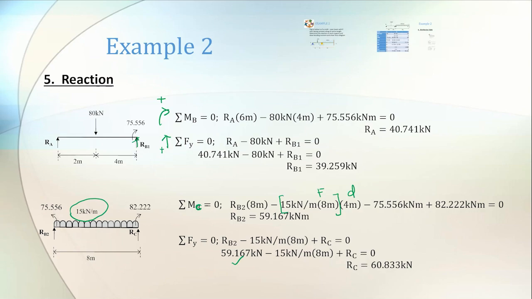You don't need to multiply by 4 meter anymore because this is force equation, not moment equation. If you want to make it moment, you have to multiply by distance. But this is force, so you just multiply by the 8 meter because this is UDL. I have another force here which is RC, the one that I'm trying to find. And don't ever include moment value in force equation because it is force, it is not moment. Then I can get the value of RC.